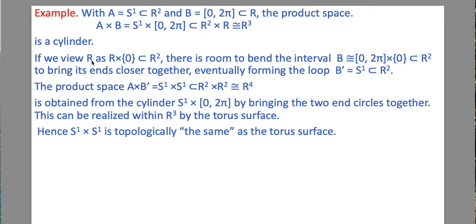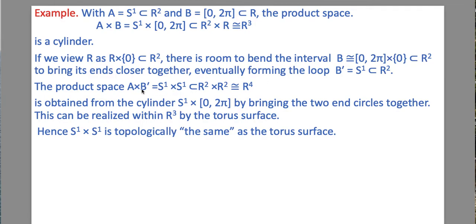If we view R as R cross the singleton set 0, which is a subset of R square, there is room to bend the interval B, which is equivalent to 0 to 2 pi cross 0, a subset of R square, to bring its ends closer together, eventually forming a loop B dash equal to S1, which is a subset of R square.